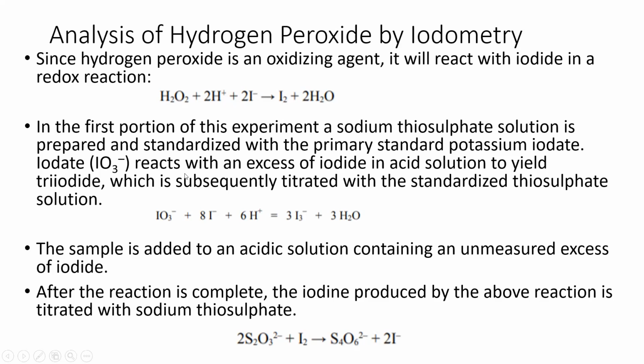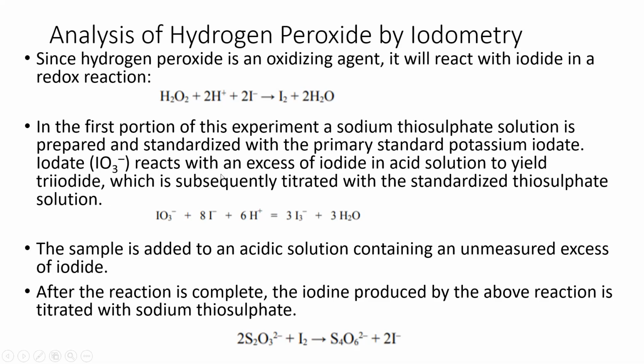So in the first portion of the experiment, a sodium thiosulfate solution is prepared and standardized with potassium iodate. Sodium thiosulfate is a secondary standard, so the first step is to standardize it against a primary standard, which is potassium iodate.